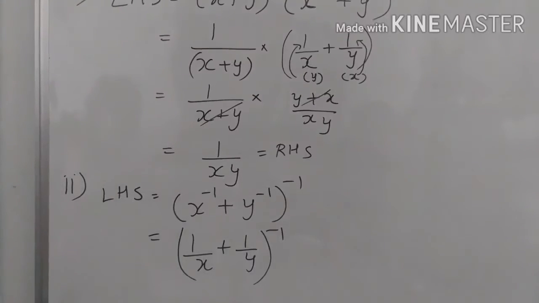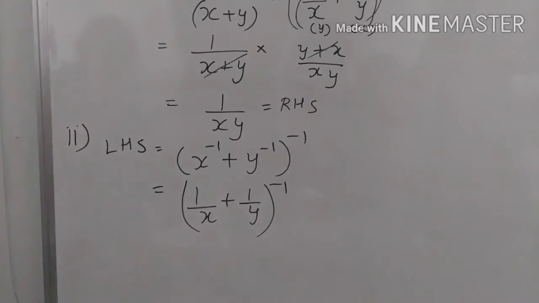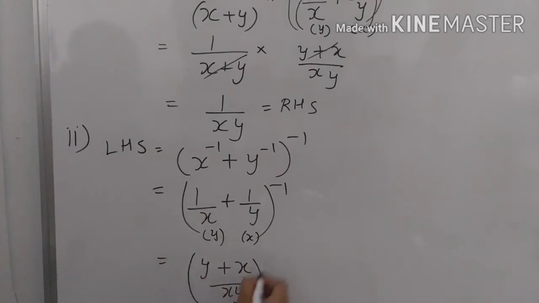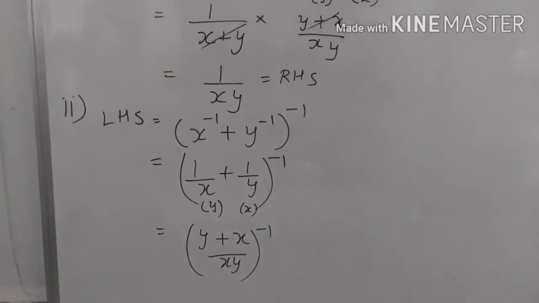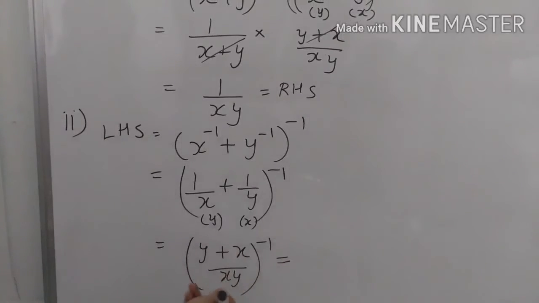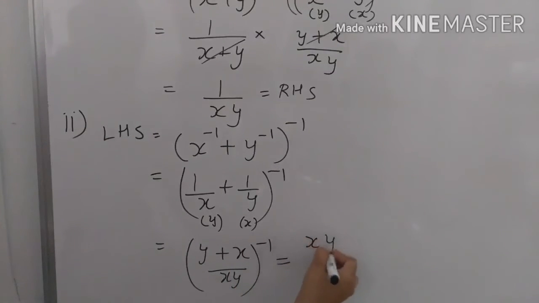Now in the bracket again we'll take the LCM. So here y and here x. So this is y plus x upon xy whole power minus 1, this way. Now again this minus 1 on the power we will change by taking its reciprocal, that is xy upon x plus y. So this minus 1 becomes positive, and 1 as a power we do not generally write. So we completed question 8.